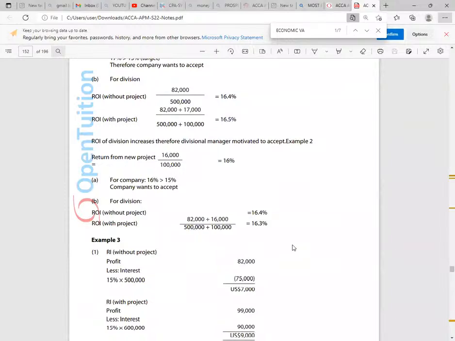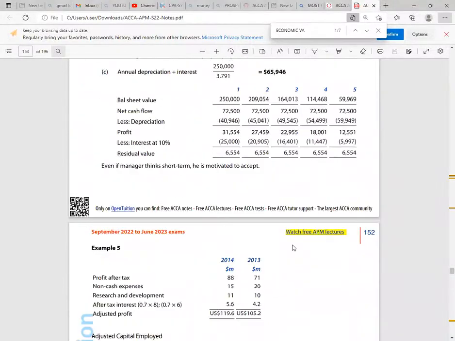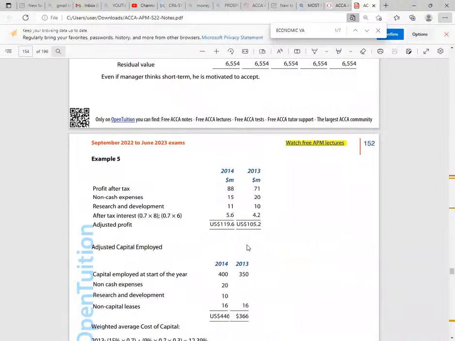Yes, you can now check the NOPAT part that these guys have so that we don't make mistakes. You can see the NOPAT here for 2013 is 105.2, and then the other one is 119.6. We need to clap for ourselves.